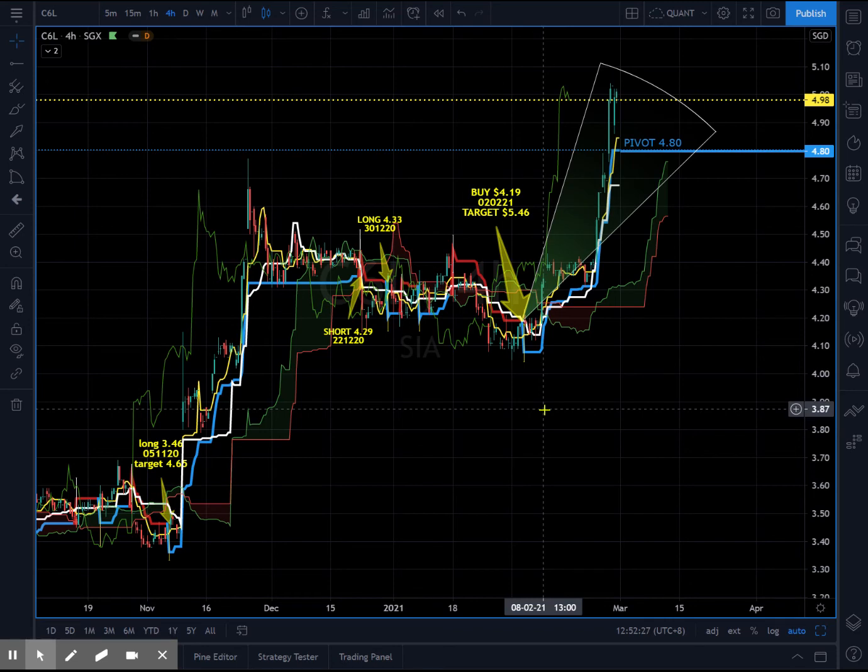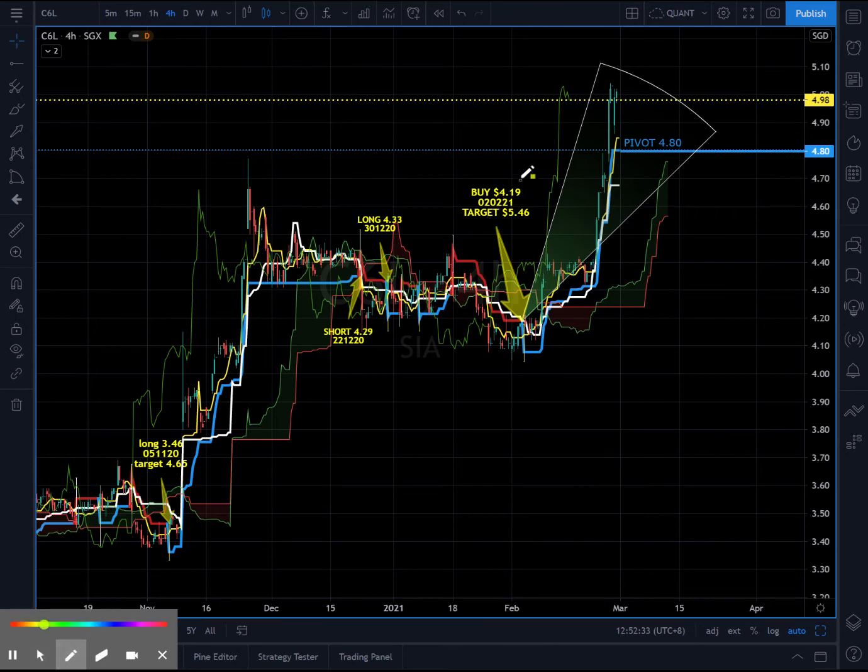For those of you doing some swing trading, a good signal was issued on the 2nd of February 2021, with the same targets. The breakout was earlier at $4.19, and currently we made a dollar profit, which is 25% returns. Very good for those who have taken that signal. Currently the pivot on the 4-hourly chart is much higher than the dailies, at $4.80.